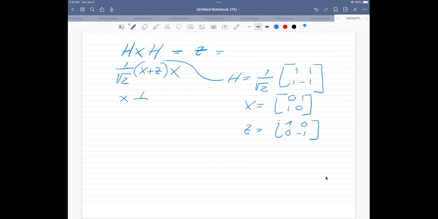This is multiplied with 1 over square root of 2 times X plus Z. And when we write it out, what we get then is obviously a factor of a half, and then I have X squared times X. Now, these matrices have an important property. Does anyone remember what that becomes?